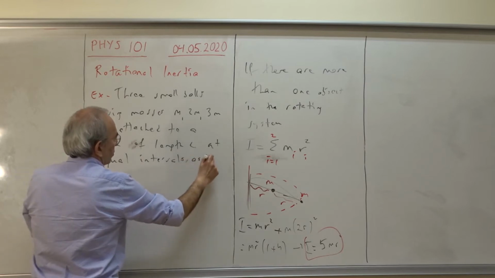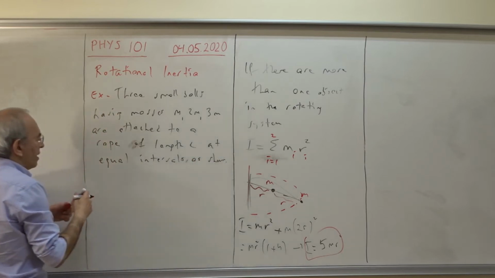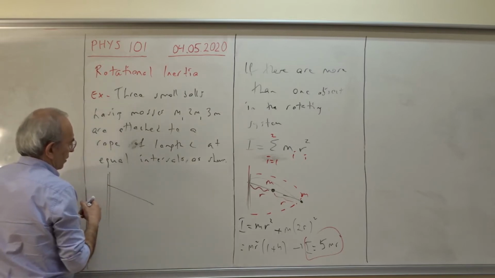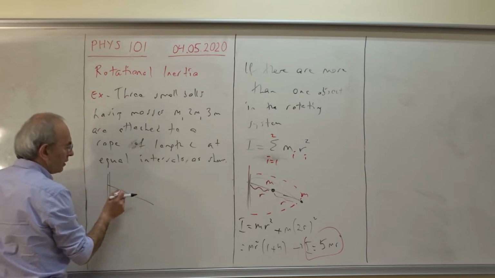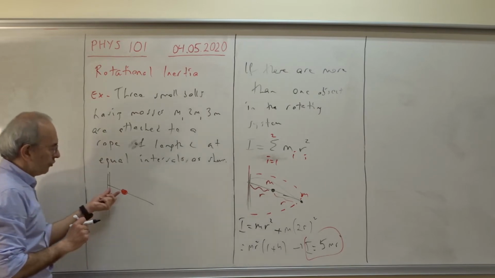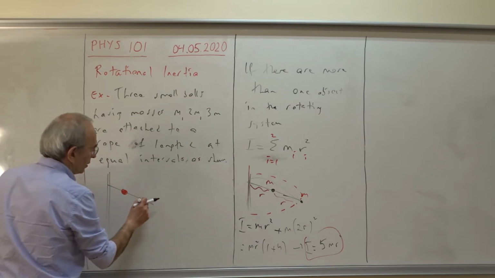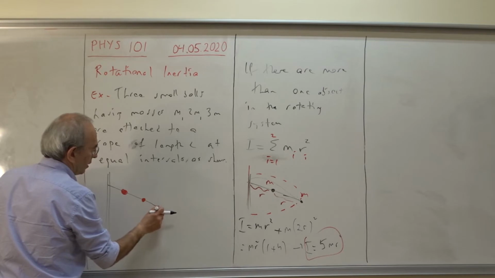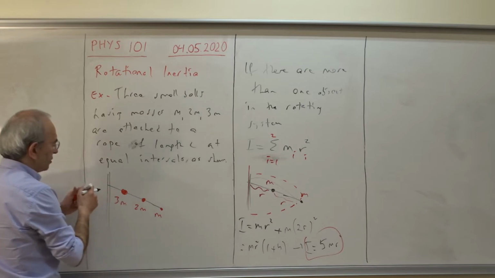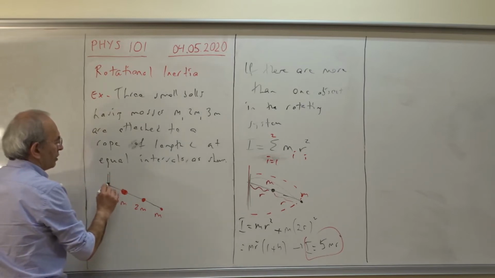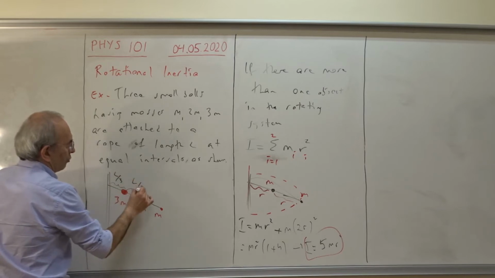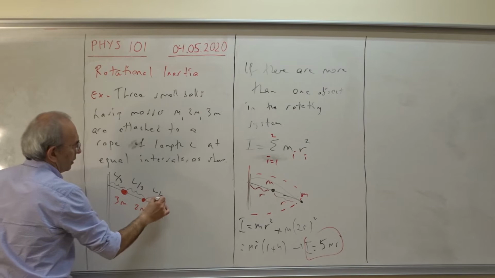As shown. So this is the first picture. Let's say the bigger object at the first one-third, second object, and the lightest one here. So 1m, 2m, and 3m. And the distances are, let's say, L over 3. So this part is L over 3. This part is also L over 3. This part is again L over 3.